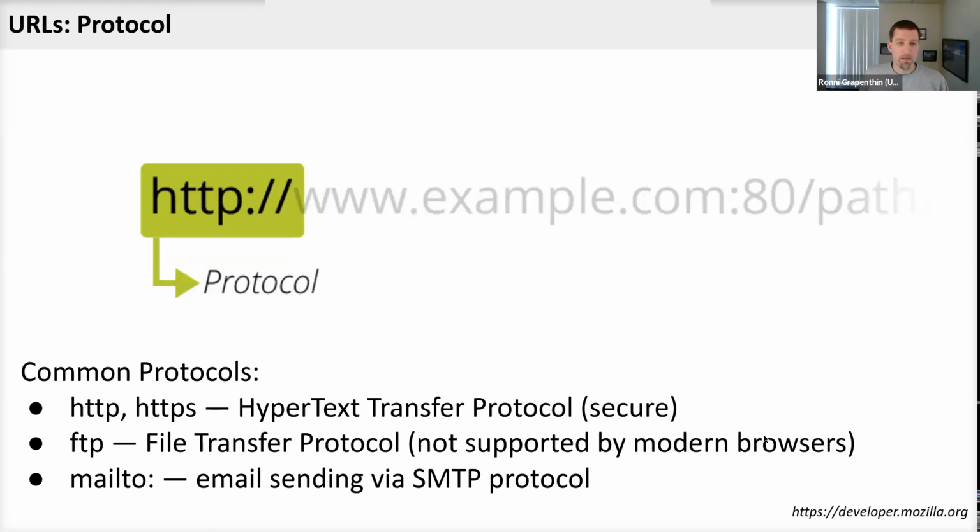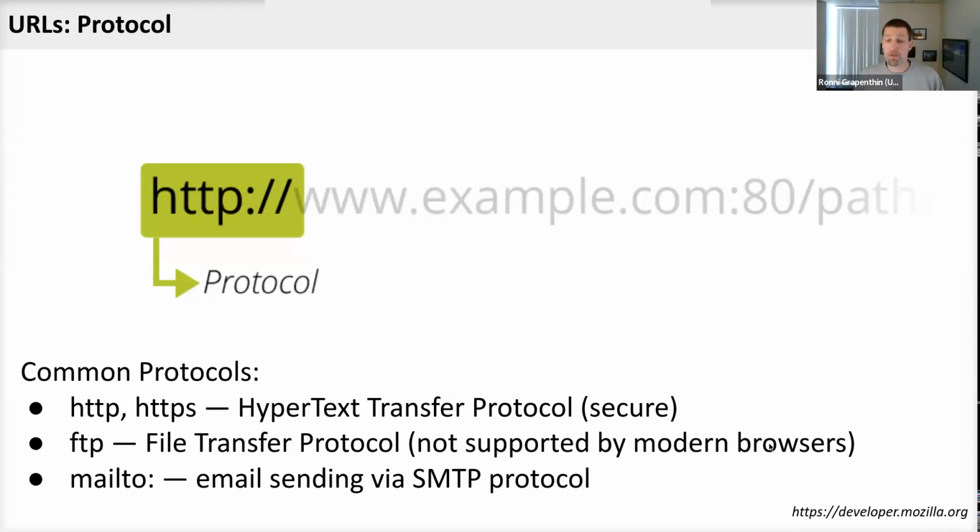This is the protocol for the common business that you deal with on the internet. Your YouTube, Amazon are transferred through the HTTP or HTTPS protocols. Another common protocol used to be FTP, the File Transfer Protocol.